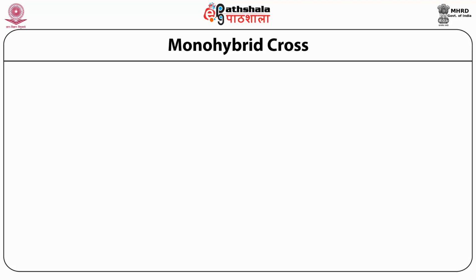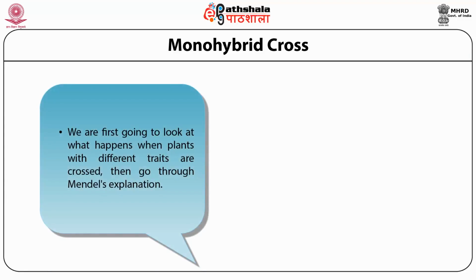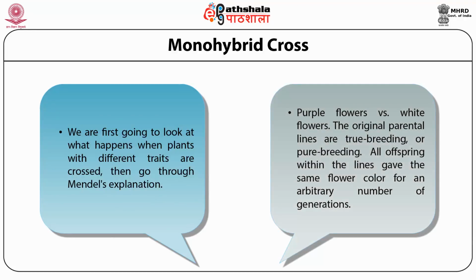Monohybrid cross. We are first going to look at what happens when plants with different traits are crossed, then go through Mendel's explanation. Purple flowers versus white flowers. The original parental lines are true breeding or pure breeding.